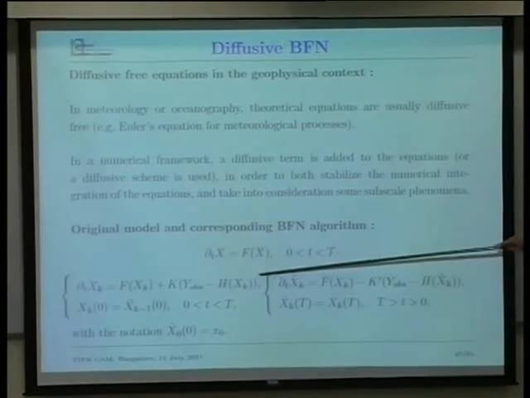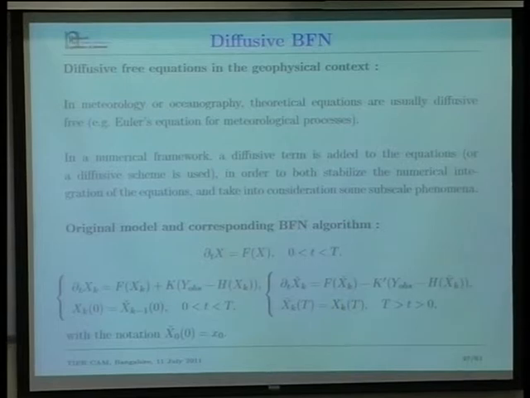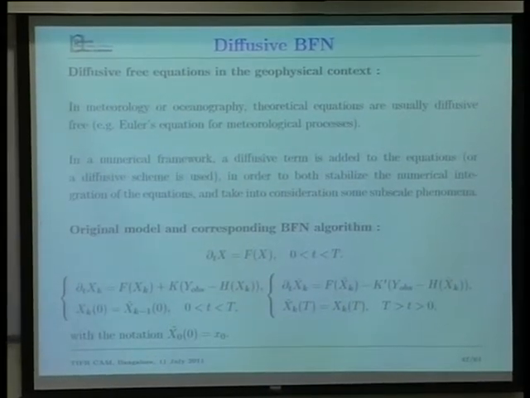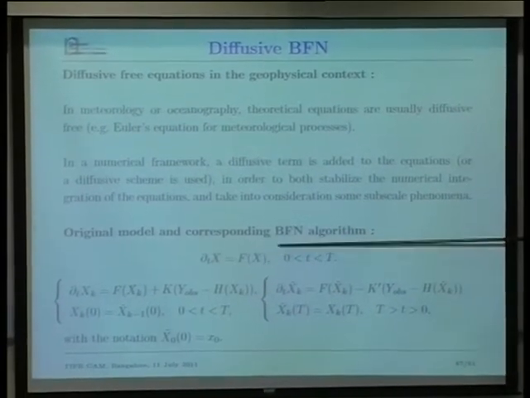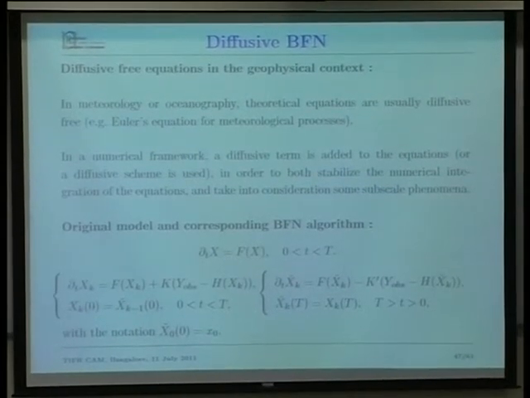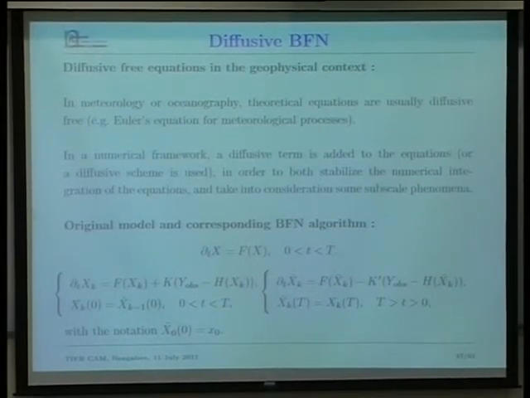You have the nudging, the feedback to the observation in the forward and in the backward models. But then you will have some problems with the numerical solutions, because it's a hyperbolic system without diffusion. So probably either you will get some instability, or you will have to use a diffusive scheme.